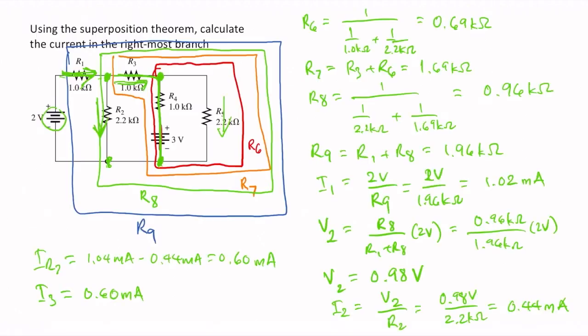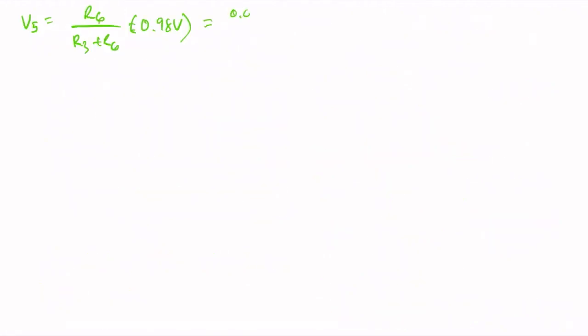The voltage across that junction, let's call that V5, is equal to the equivalent resistance R6 divided by R3 plus R6, multiplied by 0.98 volts, which is the voltage across these two junctions. R6 is 0.69 kilo ohms and R3 is 1 kilo ohm.